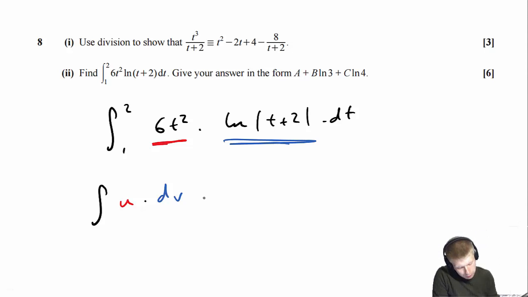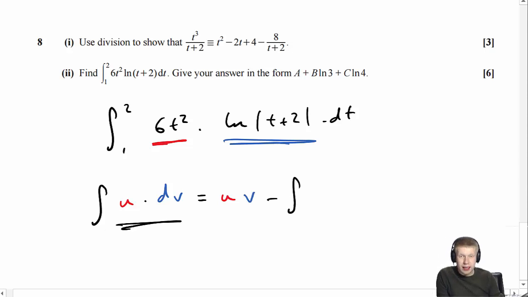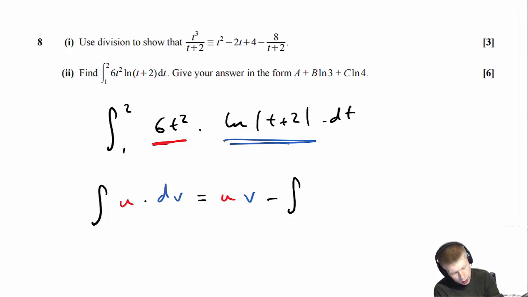And that should be equal to my two original functions, so uv minus the integral of this thing the other way around. So here I called one of my functions u and the other one the derivative of v, okay? So now I'm going to call it v multiplied by the derivative of u.